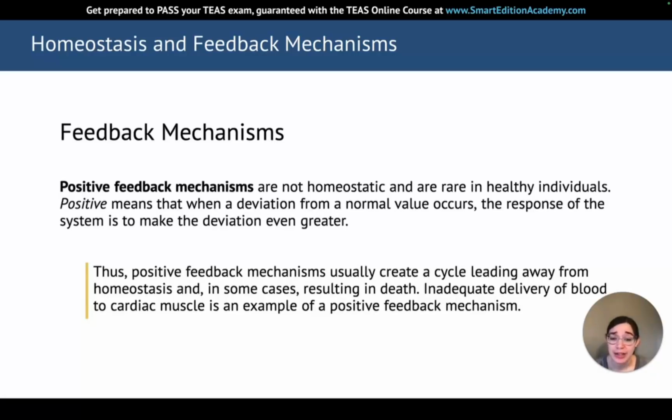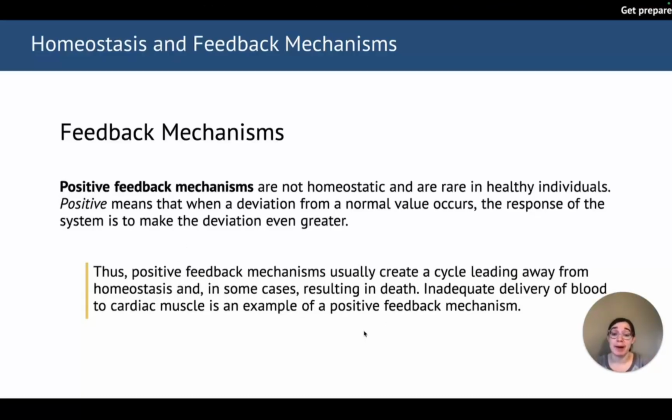It's not trying to result in death. Rather, it's putting emergency measures into place to help sustain life, but that ultimately are going to be unsuccessful in sustaining life. And so the only way to not end up with death here would be to have some kind of medical intervention to correct that positive feedback mechanism and restore homeostasis.